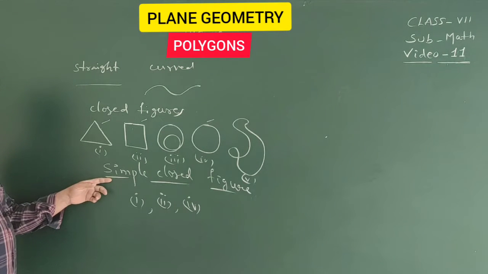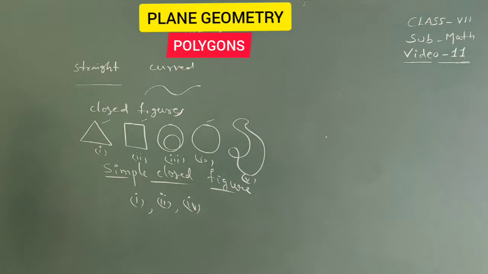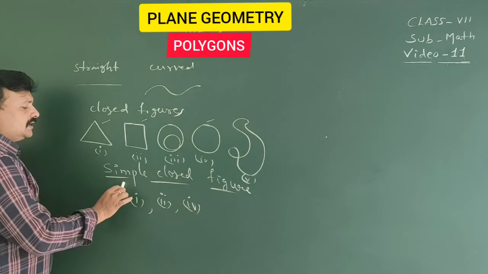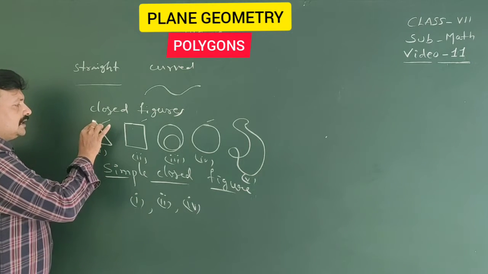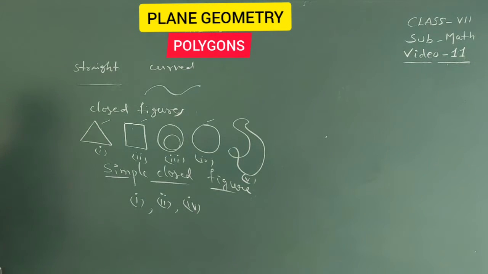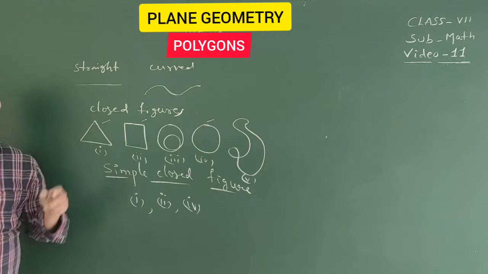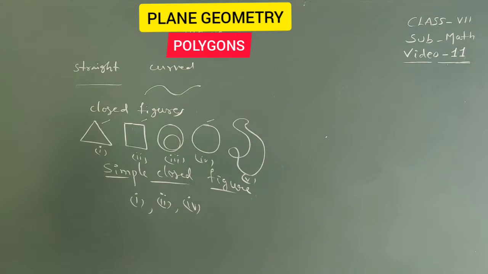But in the case of simple closed figures, here also the initial and end points are the same, but they do not intersect except at the initial and final points. Where the figure started, it needs to end without any point of intersection.